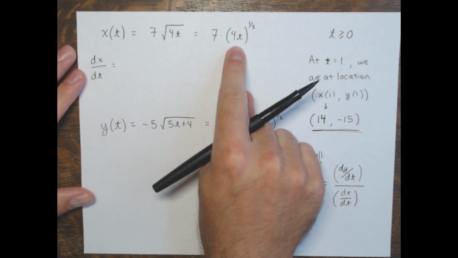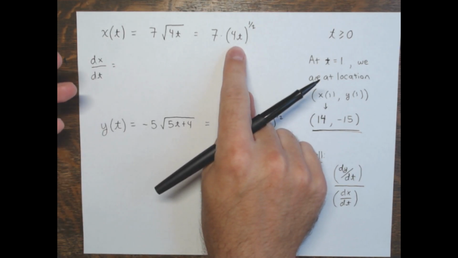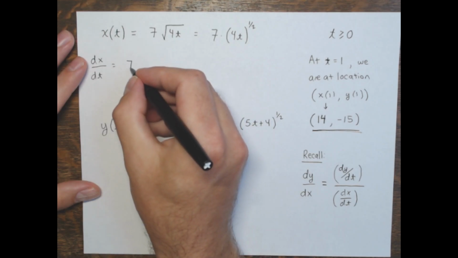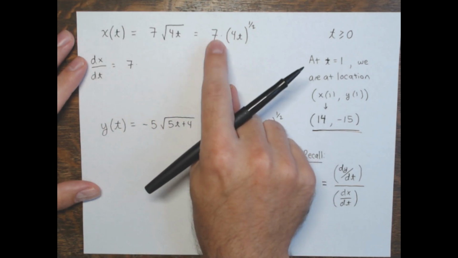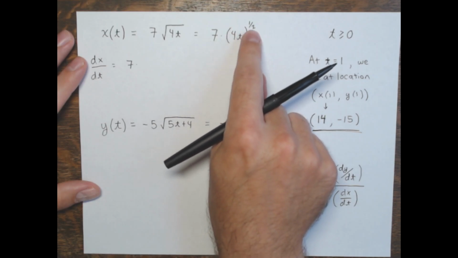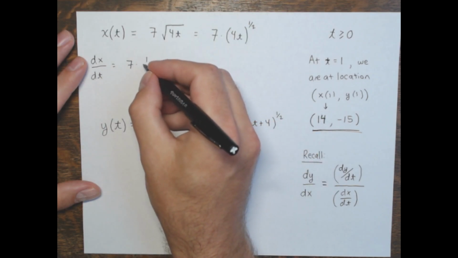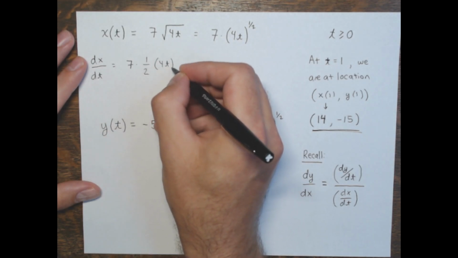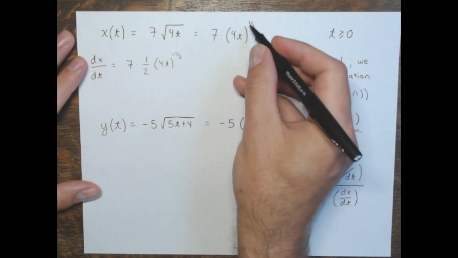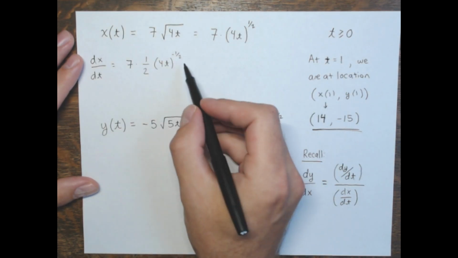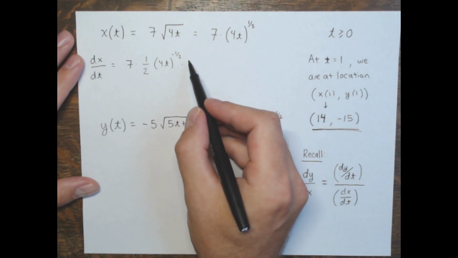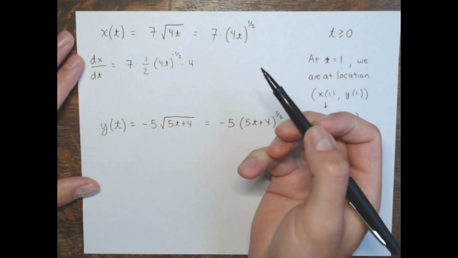I'm going to go through some rules here. I'm assuming you know how to find derivatives of your pre-calc functions, all from Calc 1. So that constant multiple stays, 7 times, and then here something to the half power. I would do the power rule, half times that 4t to the negative half. You bring the power down, subtract 1 from the power. But then chain rule, multiply by the derivative of the expression inside, so times 4.